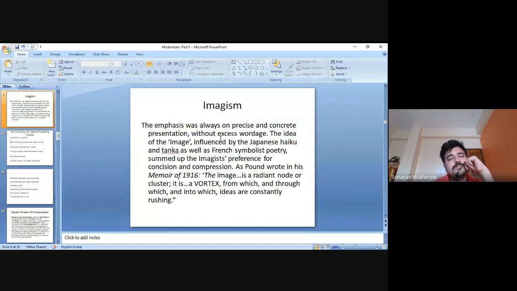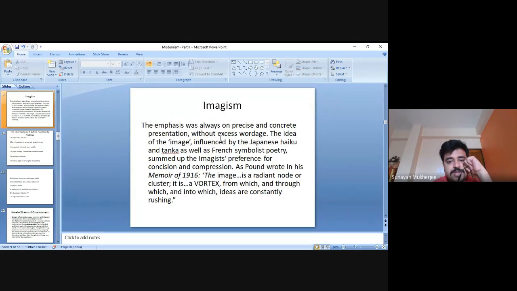Precise and concrete images which would be small, sharp, exactly what it tries to mean. There should be no extra words, no extra lines, but the effective medium should be precise and concrete presentation without excess wordage.